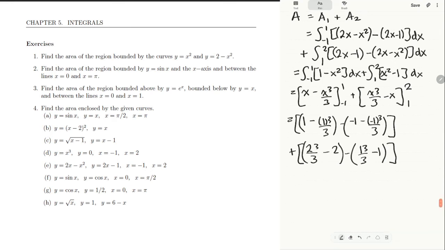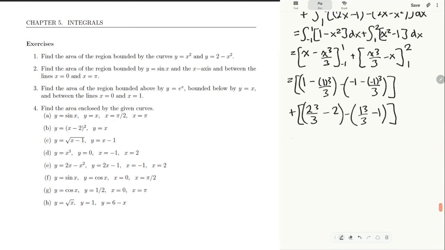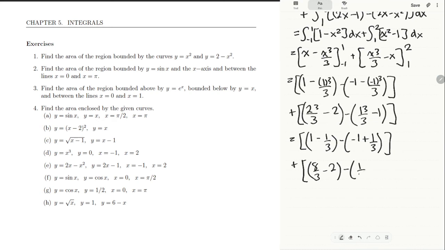So now let's simplify. We have 1 minus a third, minus negative 1 plus 1/3, plus 8/3 minus 2, minus 1/3 minus 1.